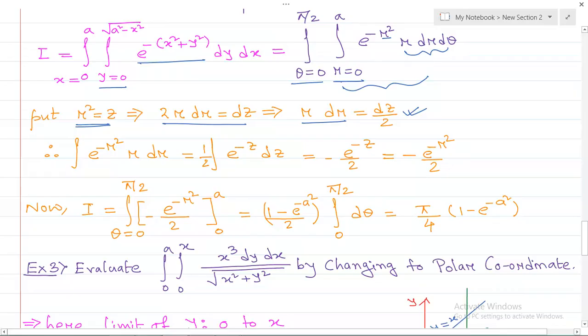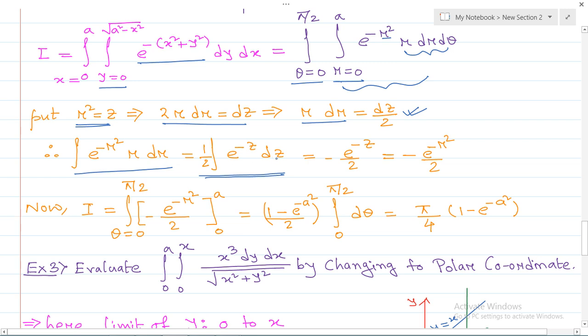So the integration of e power minus r square into r dr becomes 1 by 2 integration of e power minus z dz, because we put r square as z, so it becomes e power minus z, and r dr becomes dz upon 2.